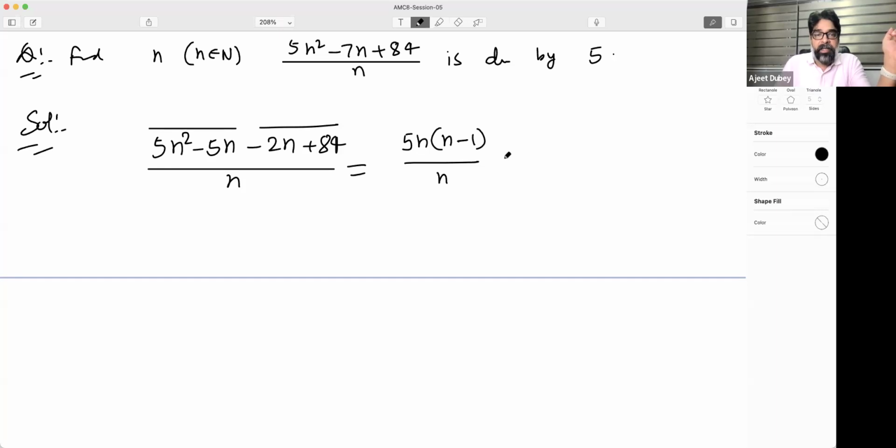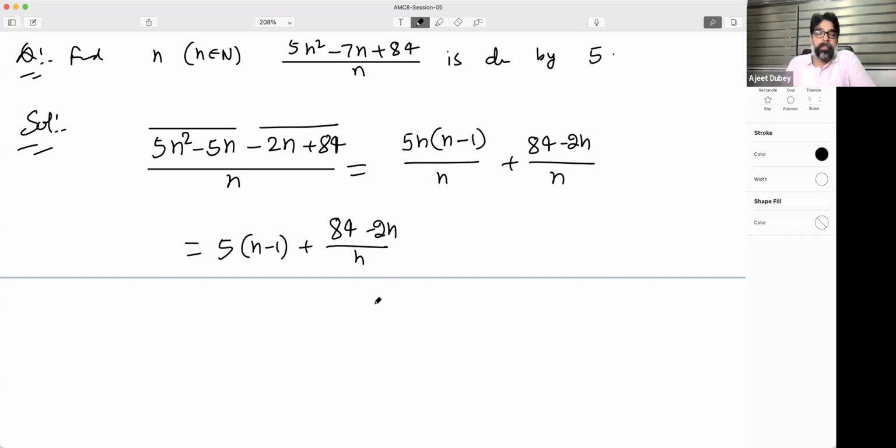Here the remaining is 84 minus 2n divided by n. So n will get cancelled here: 5 into n minus 1, plus 84 minus 2n divided by n.